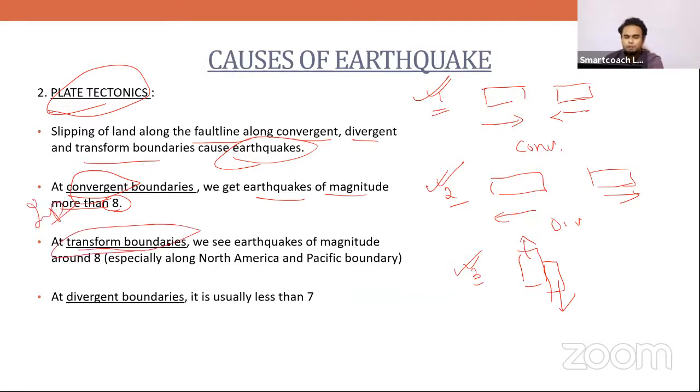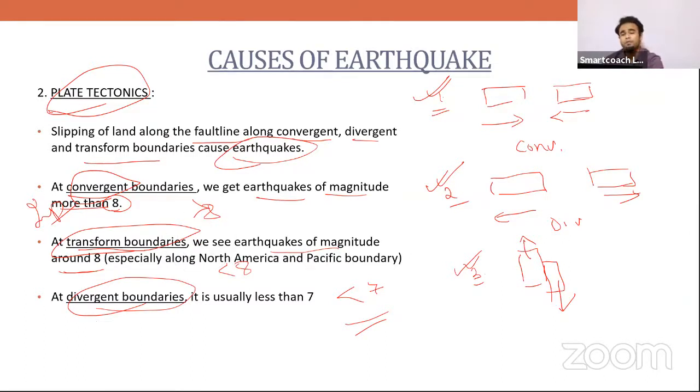Then at transform boundaries, it will be less than 8. In case of a divergent boundary, it will be less than 7. So if I have to consider convergent, divergent, and transform boundary, where are we seeing the most intense earthquakes? It is the convergent boundary.